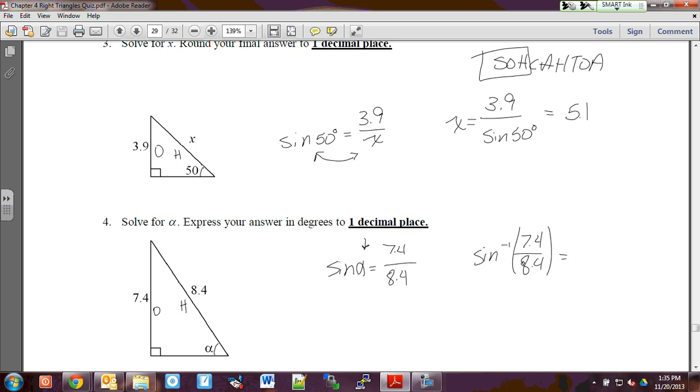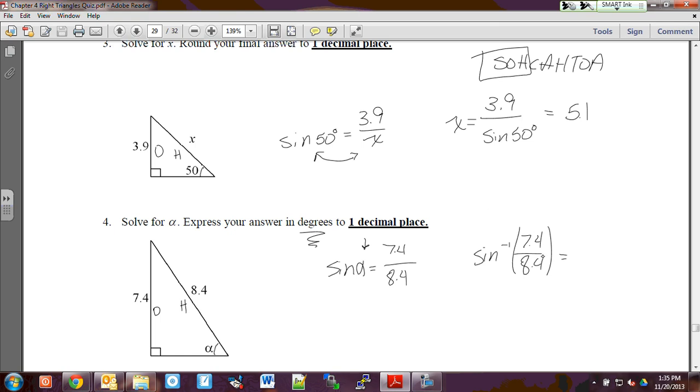And again, it says angle in degrees. So make sure your calculator is in degree mode. If it's not in degree mode, you will get the wrong answer. So always make sure you are in the right mode.